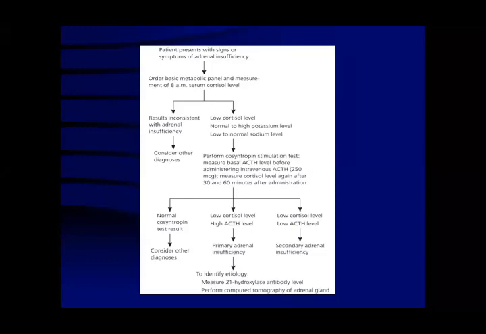Number one, the level remains normal. Number two, cortisol is low, ACTH is high. It means a primary lesion. Number three, there is low cortisol and low ACTH. No difference between the two. So what is the reason? Definitely there is a secondary cause of adrenal insufficiency. Secondary means the reason is lying away from the adrenal gland.